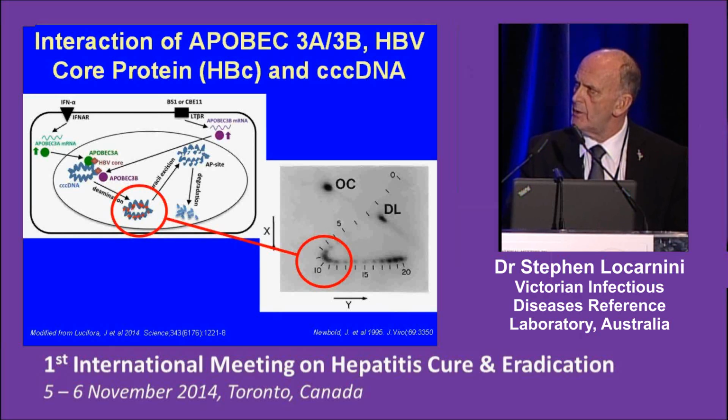The only mini chromosomes that APOBEC is going to deaminate and cause lysis of is this group of mini chromosomes here. This is an analysis of the mini chromosomal, or the cccDNA, I can use that phrase in this context. You can see here the different topoisomers of the mini chromosome of HBV. The half chromatinized ones were the B1, B2 I showed you in the earlier slide, and these are the ones that are vulnerable to APOBEC3A and 3B.